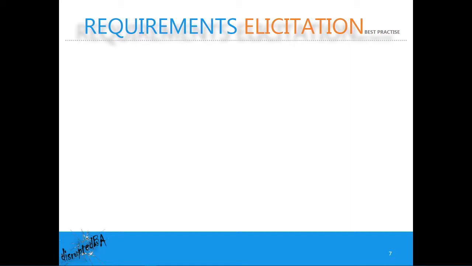Don't be fixated on a specific way of working. Work in an efficient way and in a way that actually brings the best and the most value to the process. So some of the best practices for requirement solicitation would be: make sure that stakeholder communication is foremost in your mind.